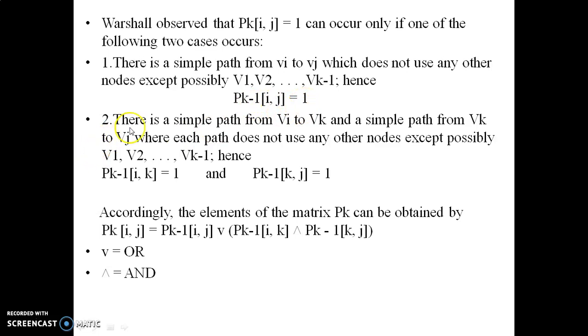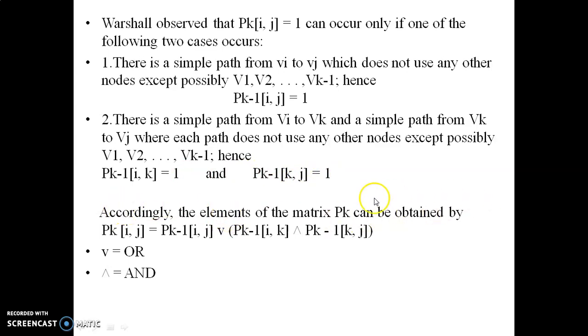And the second case is that there is a simple path from Vi to Vk and a simple path from Vk to Vj, where each path does not use any other nodes except possibly V1 to V of k minus 1. Hence we write P of k minus 1 of i k is equal to 1 and P of k minus 1 of k comma j is equal to 1.